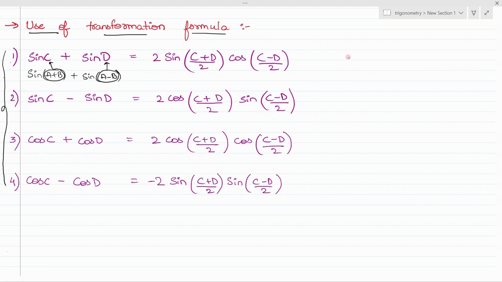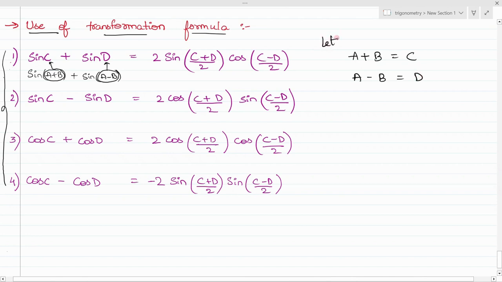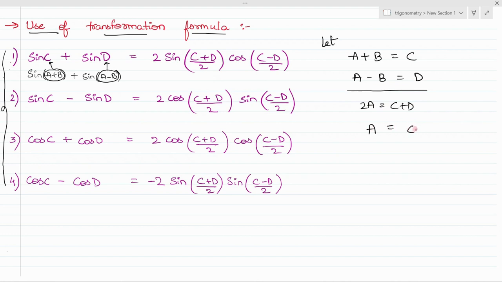So if we assume in such a way, a plus b becomes c and a minus b is d. So from here we can write 2a is c plus d, so a is nothing but c plus d by 2.